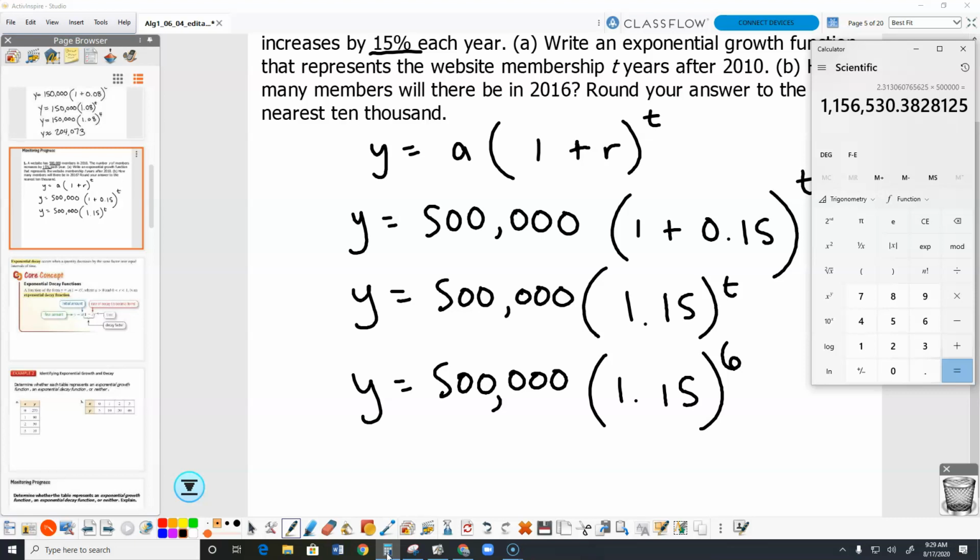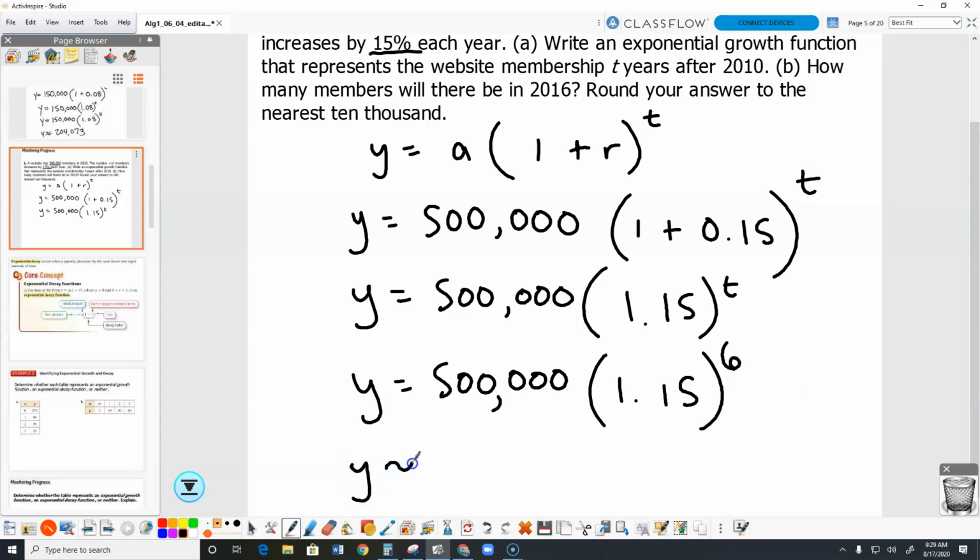Now it tells me to round to the nearest 10,000. Okay, so if I had 1,156,000 and I'm rounding to the nearest 10,000, I'm going to round up, so that's going to be approximately 1,160,000. So my answer is going to be approximately 1,160,000.